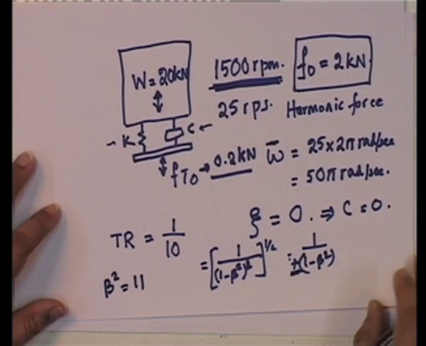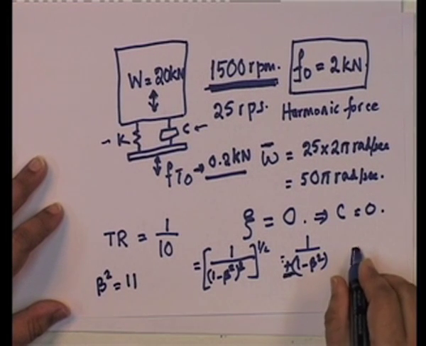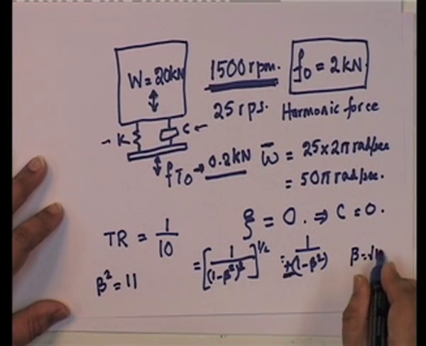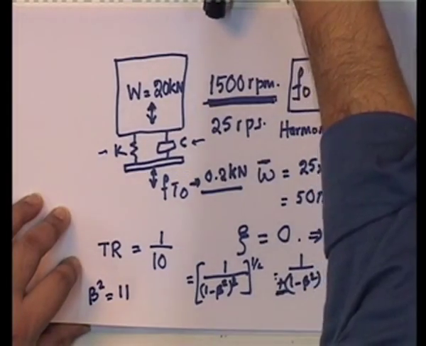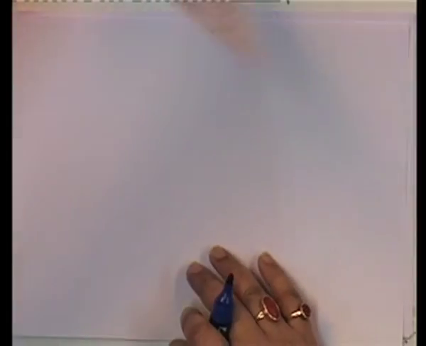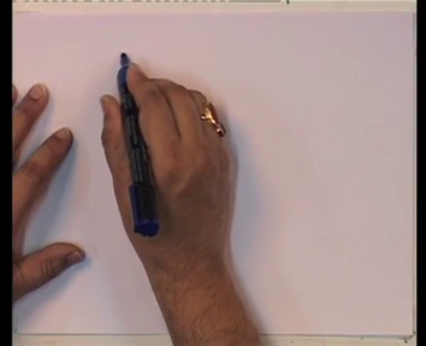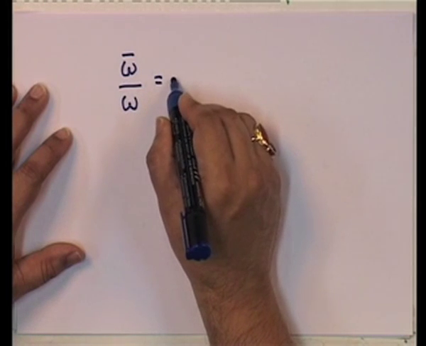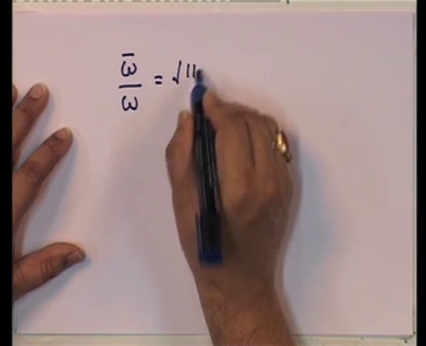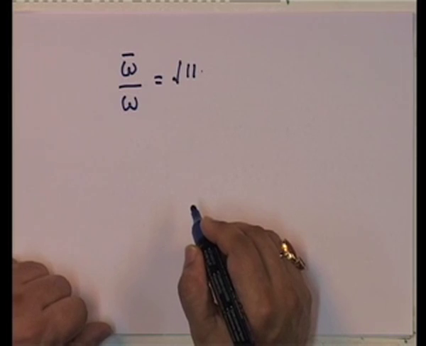If beta squared is 11, beta is root 11. What does that mean? Let us look at it. Beta equal to root 11 implies that omega bar upon omega is equal to root 11.